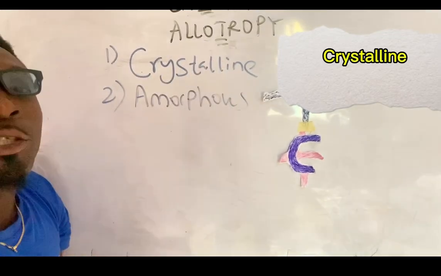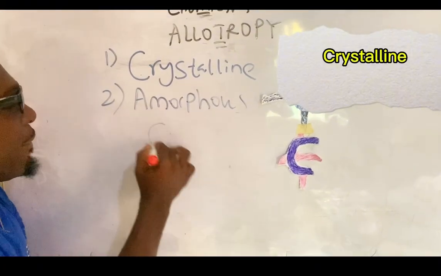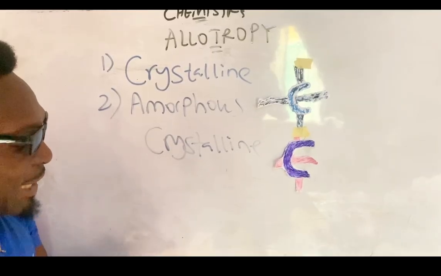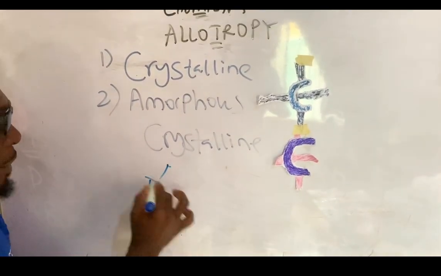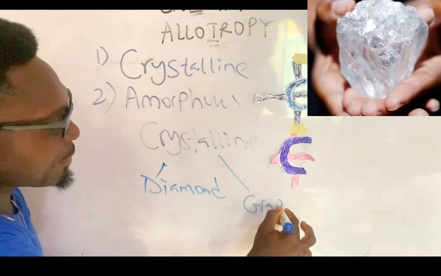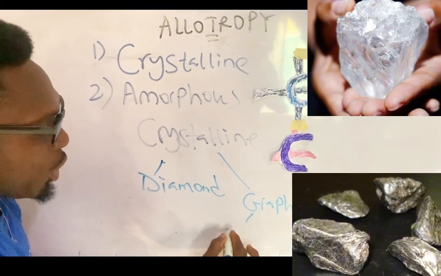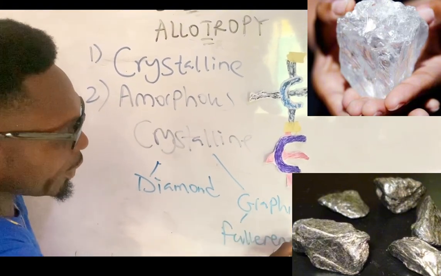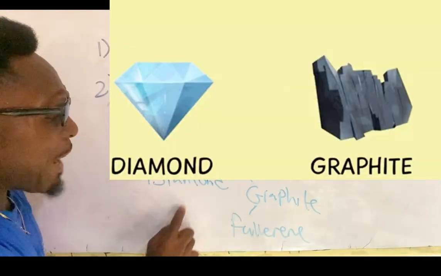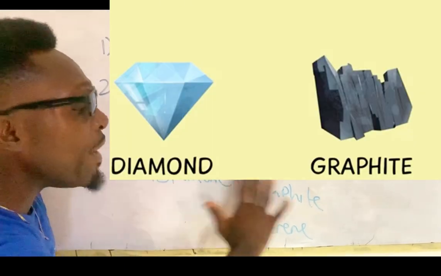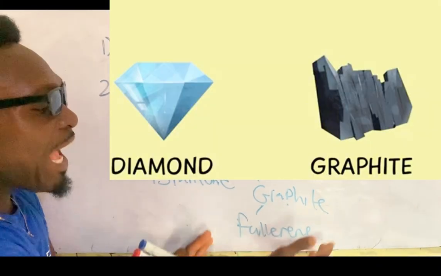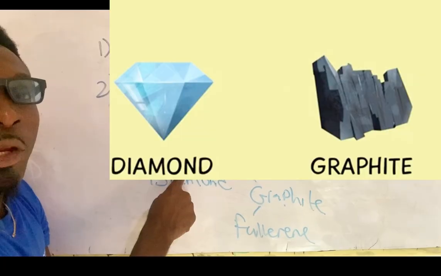For the crystalline allotropes of carbon, that's where we have our diamond, graphite, and the one we call fullerene. Diamond, graphite, and fullerene are all made up of carbon atoms, but they are of different forms, and they are all grouped under the crystalline allotropes of carbon.